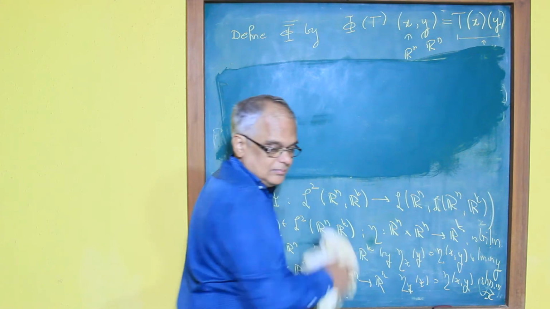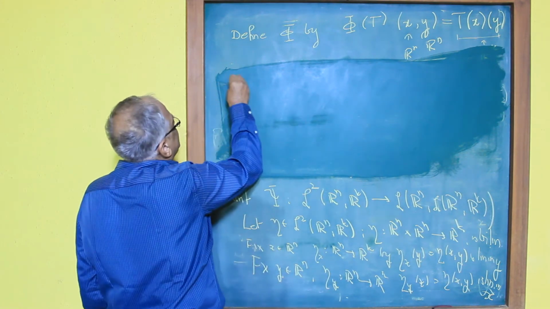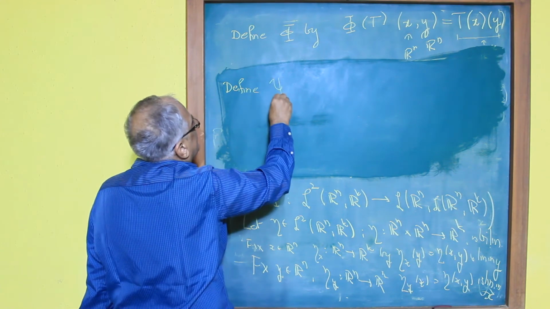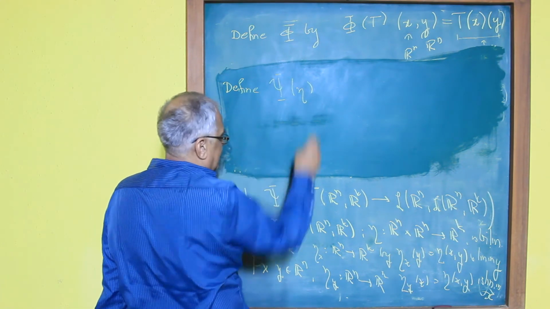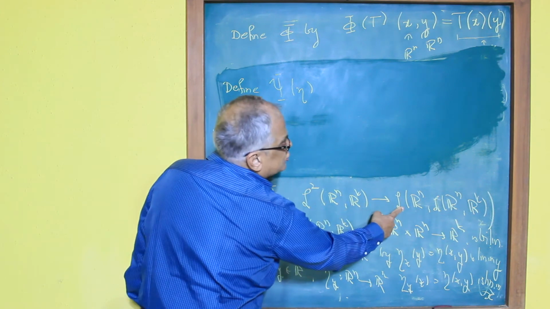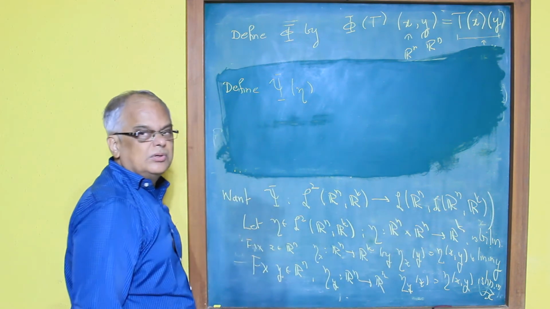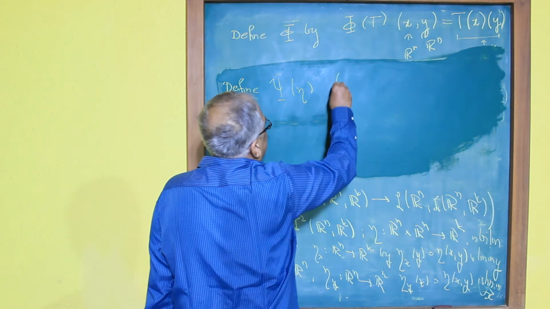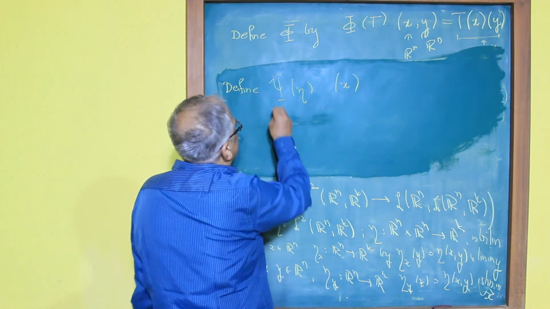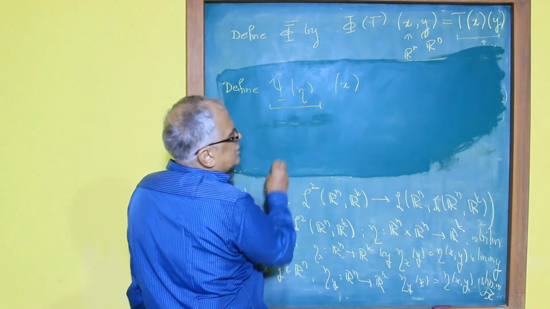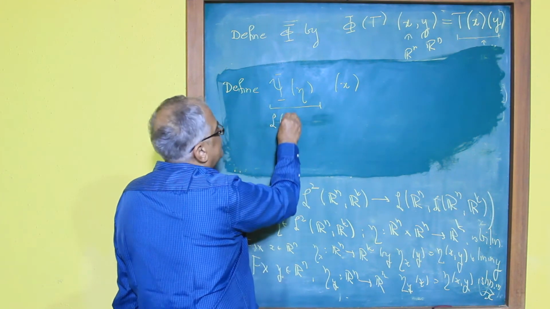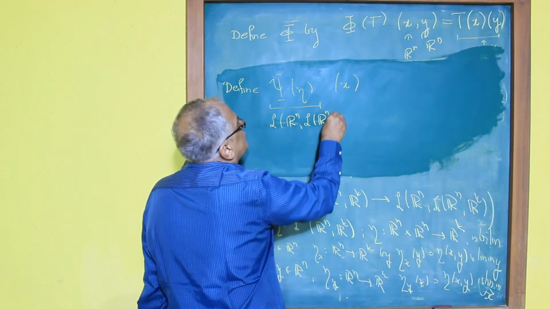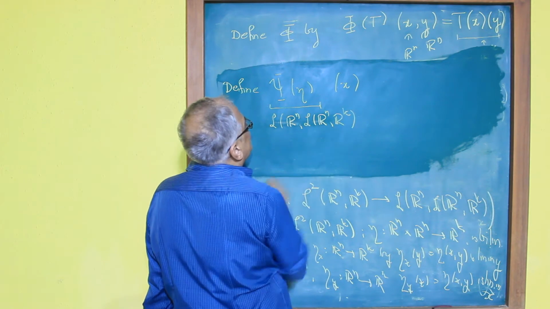Define psi of eta. Where should psi of eta be? It should be a linear map from Rn to linear maps from Rn to Rk. So psi of eta is in linear maps from Rn to linear maps from Rn to Rk. This is what I want.